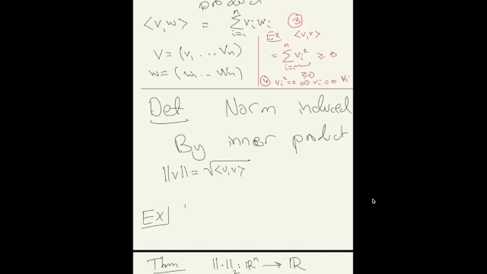So, for example, in Rn, what we get is that the norm is equal to the square root of the sum i equals 1 through n of vi squared, the usual norm that we get from the Pythagorean law. v1, v2, and then the hypotenuse squared is equal to v1 squared plus v2 squared. So in n dimensions, you have n components.